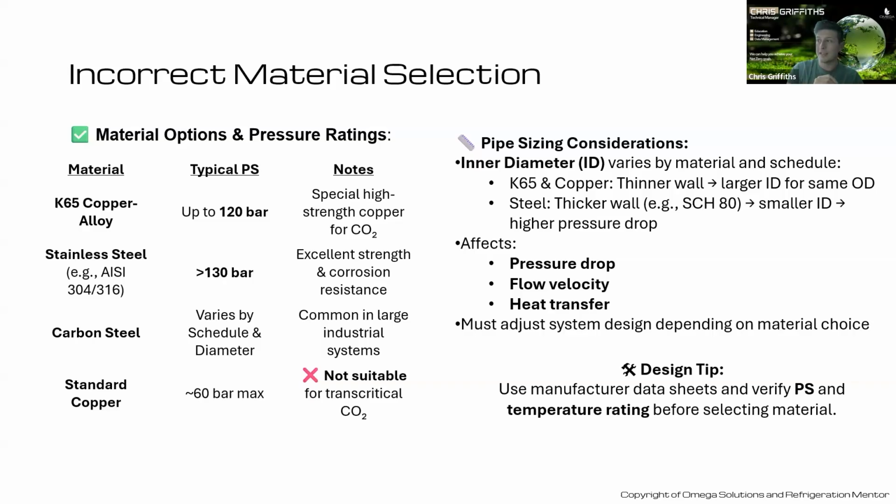So with all this, you need to obviously make a decision as a designer based on local codes and the actual system you're installing. Verify that maximum working pressure and the temperature rating, because as temperature increases, if you're in an industrial scenario where you might encounter very high temperatures, you're going to need to accommodate that as well. Making sure you've got sufficient insulation around the pipework as well.